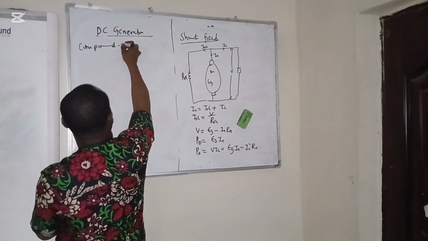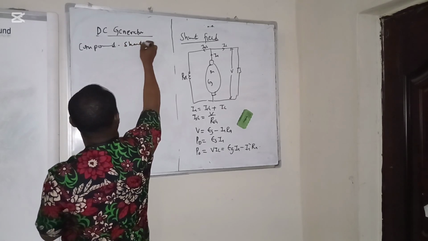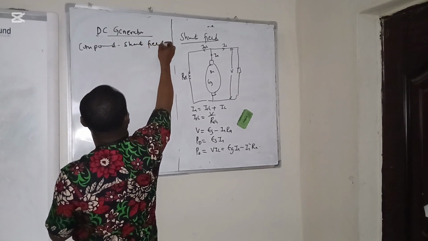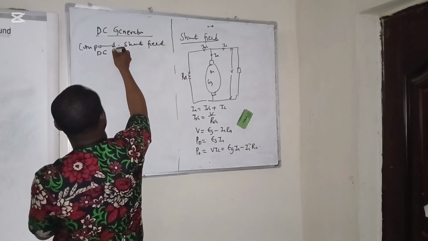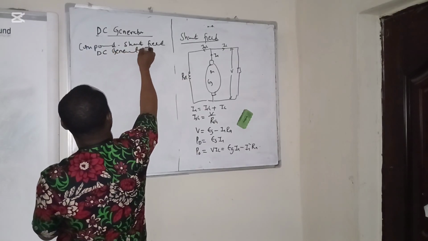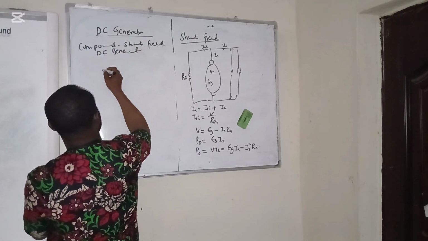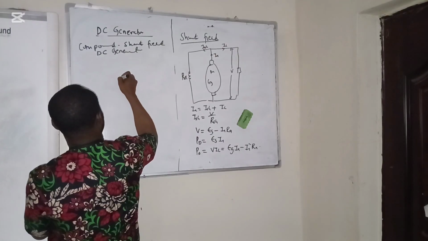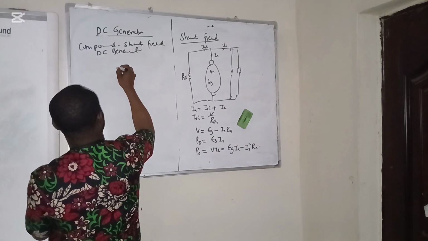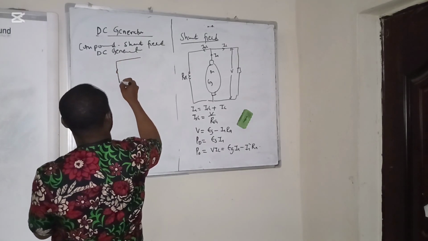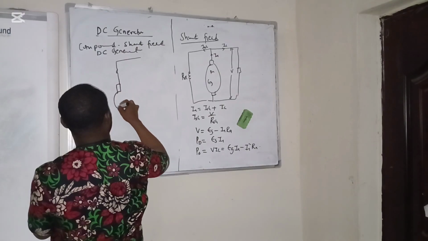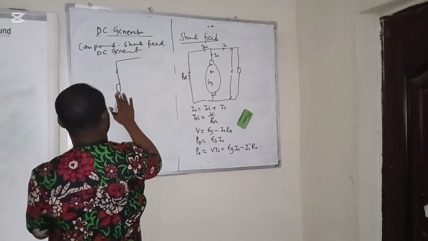So the next one we are actually looking at is the compound short field DC generator, which we have something like this, and we have the combinations of the field. This is your armature windings.